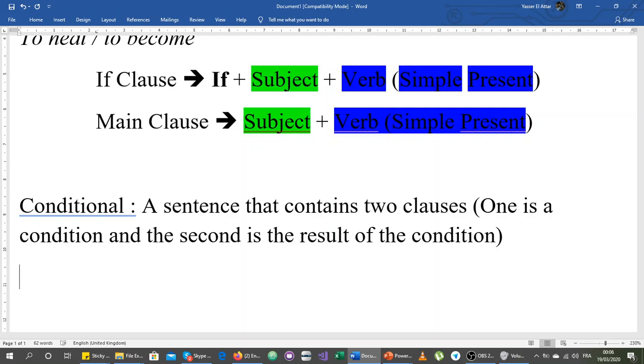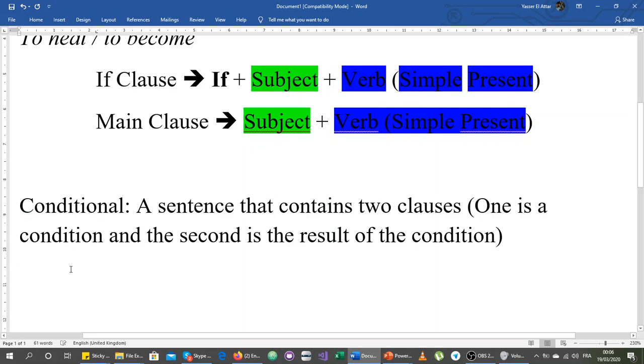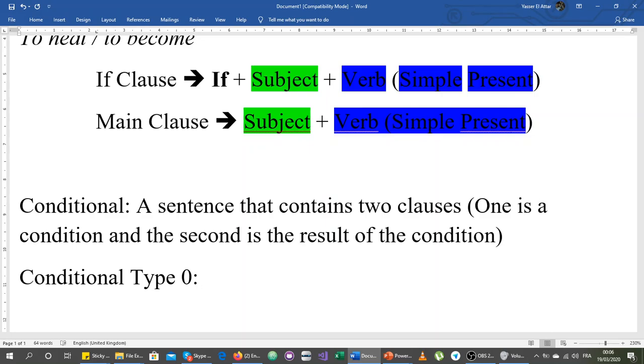Okay, so now the use of the conditional type 0. When do we use conditional type 0? We use it when we are 100% sure about the results of something.